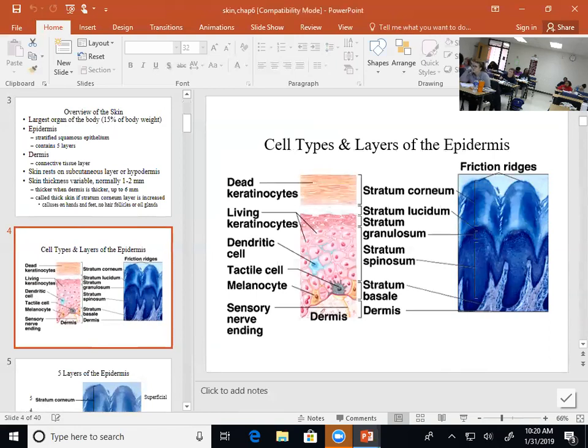So we understand that this base layer is getting everything it needs nutrient-wise to undergo mitosis. So when these cells are undergoing mitosis, which we know to mean cell division, where are those cells pushing to? To the surface, to the top.